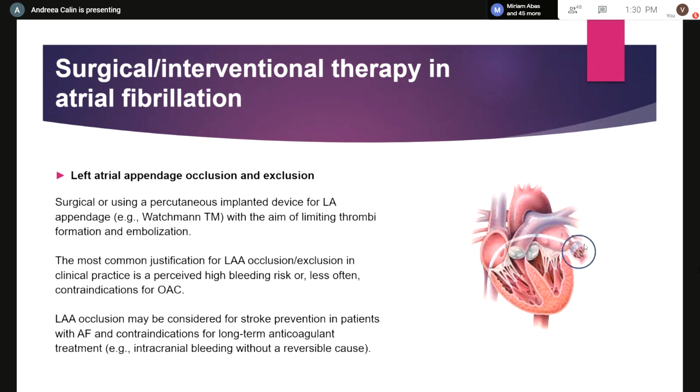This device occupies the left atrial appendage and seals it, and the thrombi cannot move from here to produce embolization in the circulation. So, the most common justification for left atrial appendage occlusion or exclusion in clinical practice is now if the patient has a perceived high bleeding risk, or less often if oral anticoagulation is contraindicated.